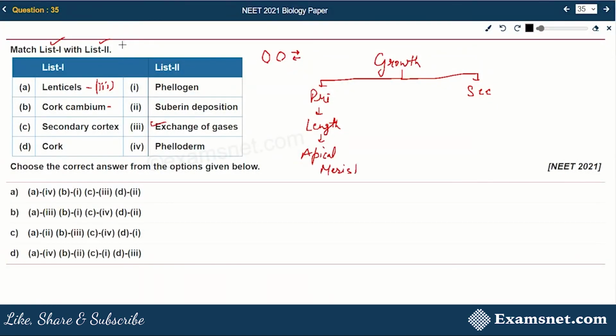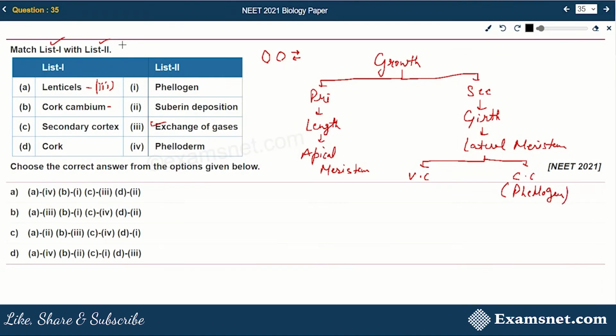On the other hand, secondary growth involves increase in girth of bark of trees with the help of lateral meristem. Now, this lateral meristem is of two types, vascular cambium, which develops first, and cork cambium, which develops at a later stage. This cork cambium is also known as phellogen.